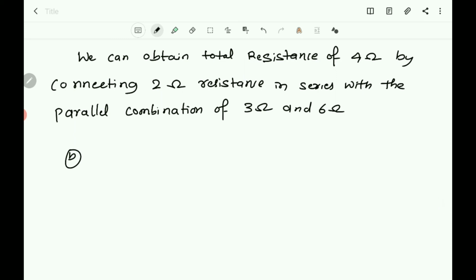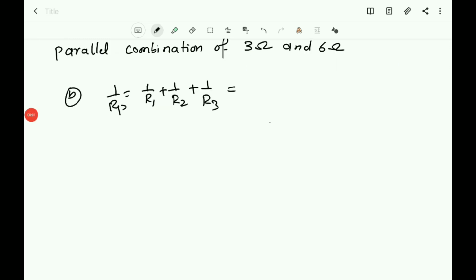Here 1 by R1 plus 1 by R2 plus 1 by R3 is equal to 1 by 2 plus 1 by 3 plus 1 by 6.